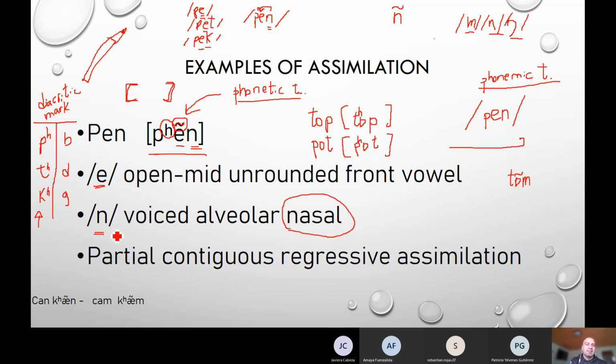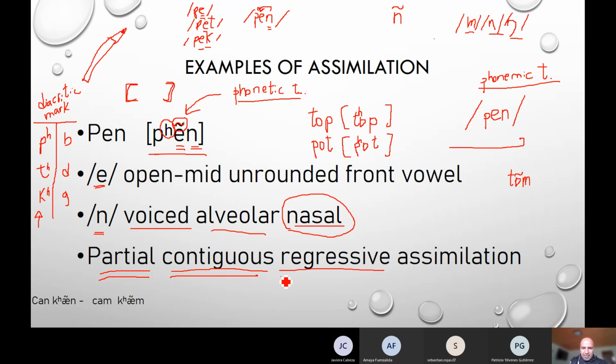It's becoming nasalized. So it's partial because it's only one characteristic, nasality. It's not the place of articulation, it's not the voicing, it's just nasality. It is contiguous because the two sounds are next to each other. E is next to N.